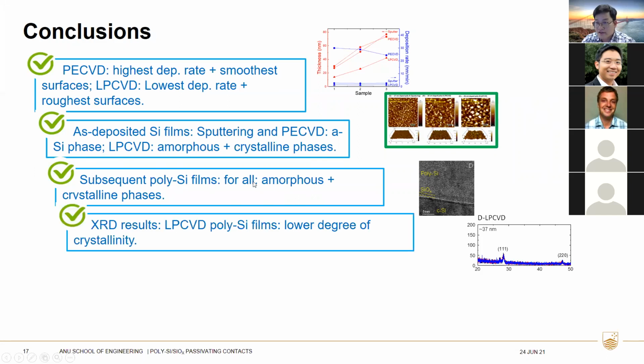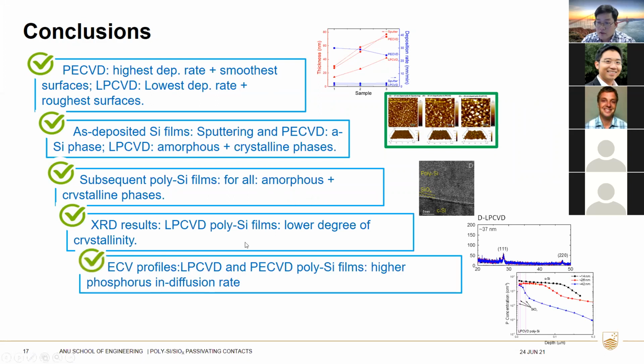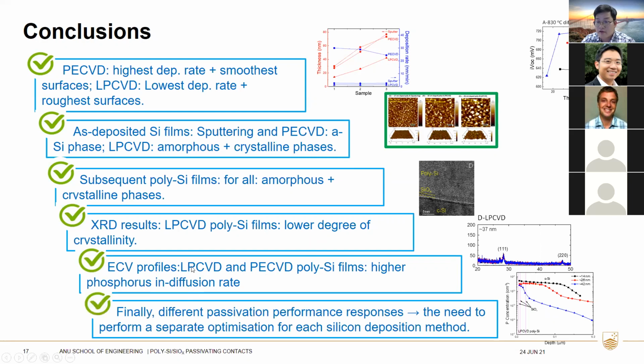With the XRD results, we can say the LPCVD polysilicon film has a lower degree of crystallinity compared to the other methods. With the ECV profiles, we see that LPCVD and PECVD samples show a higher phosphorus in-diffusion rate. And finally, the different passivation performance responses lead to the need to perform a separate optimization for each silicon deposition method.